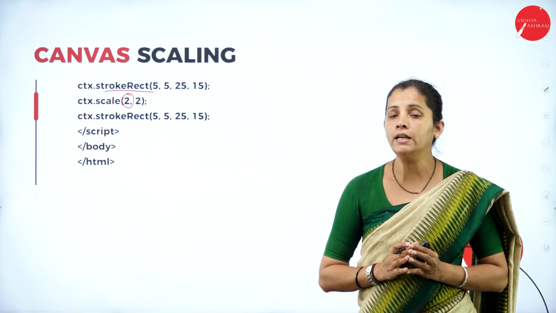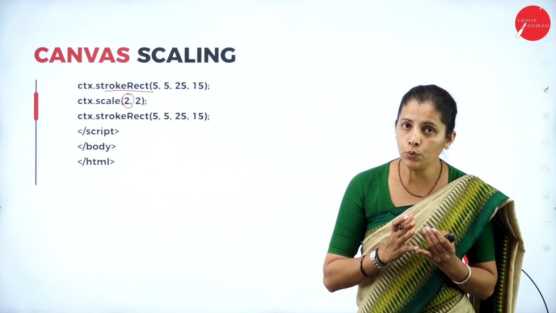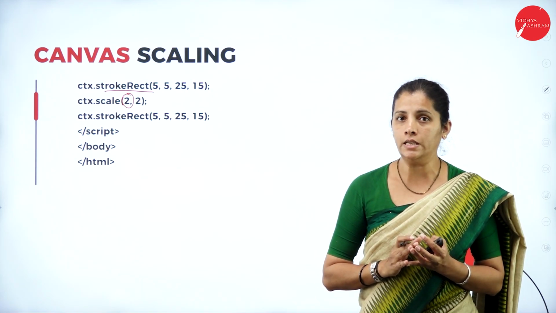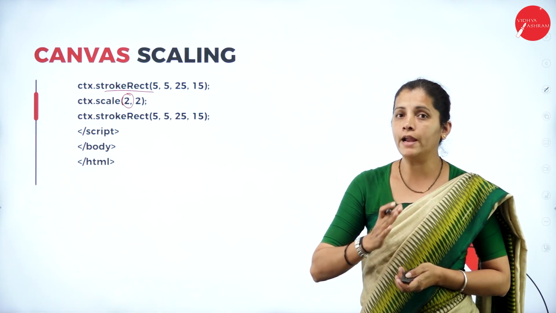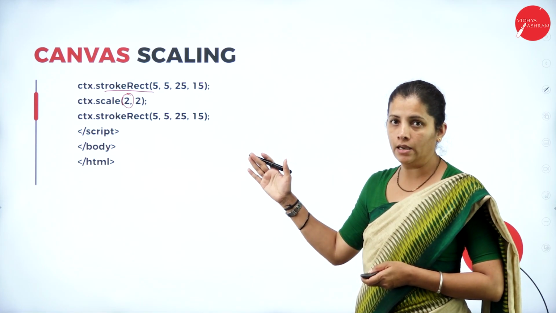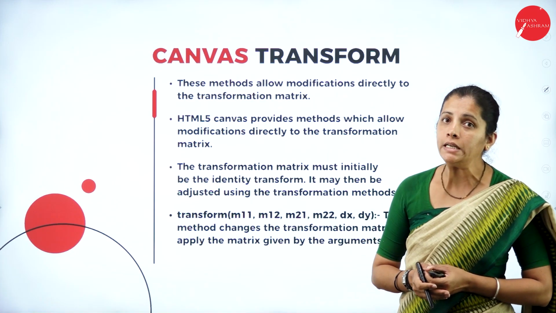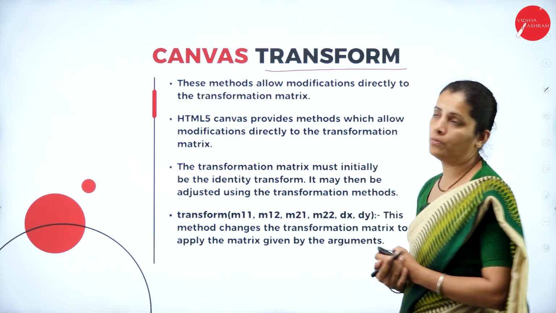Anyway, dear student, we started with unit 1, we completed unit 2 and we reached the end of unit 3. Now I have my last topic under unit 3. Here is canvas transform.